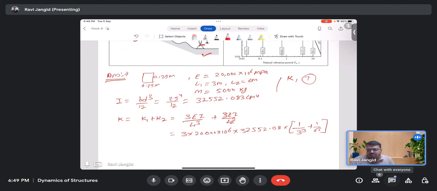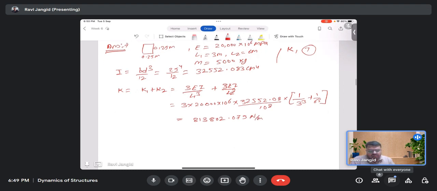If we solve this and divide it by 10 raised to power 8 to convert it into meter, we are getting 813,802.075 Newton per meter.